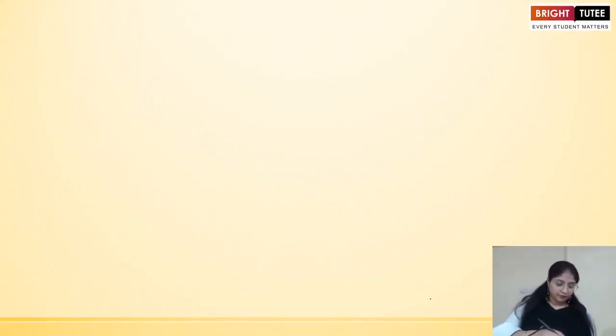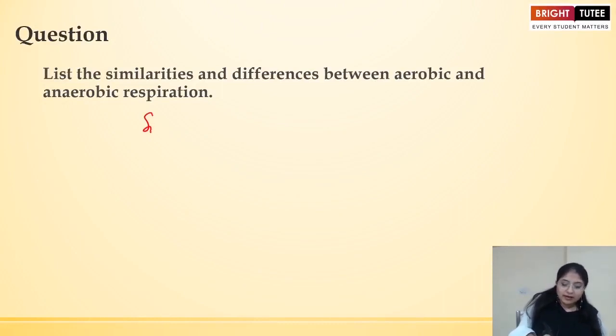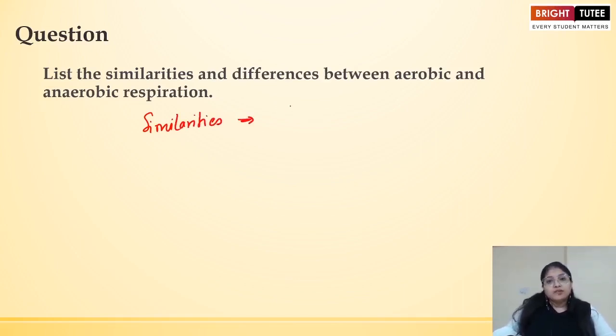Now, let's look at the first question. List the similarities and differences between aerobic and anaerobic respiration. So, if we talk about the similarities, one of the major similarities about both aerobic and anaerobic respiration is the release of energy.